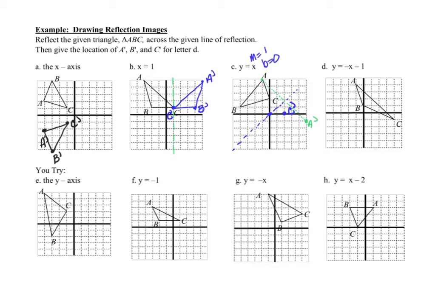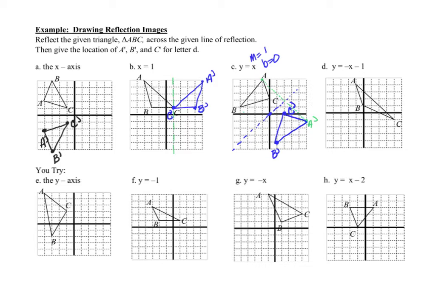And then B is 1, 2, and then it looks like a half. So if B is 2.5 away from my line, then I need to be 2.5 away on the other side. So here's my half. Then I'll go over 1, 2. So that's going to put me right there. So your image of triangle ABC will look like this.